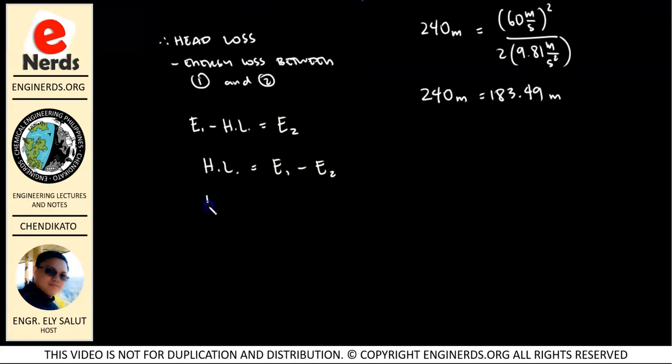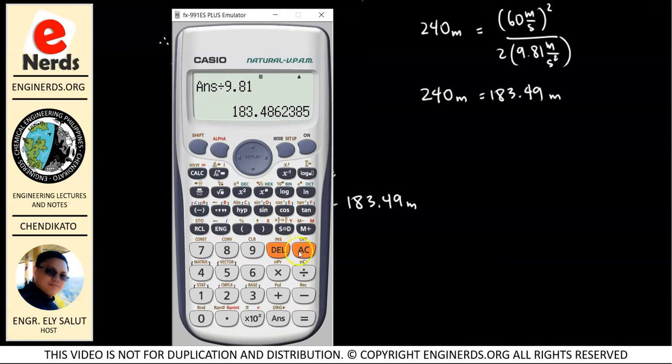So, our head loss is equal to energy at point 1, which is 240 meters, minus the energy at point 2, which is 183.49 meters. So, our head loss is equal to 240 minus 183.49. Okay, so our answer is 56.51.